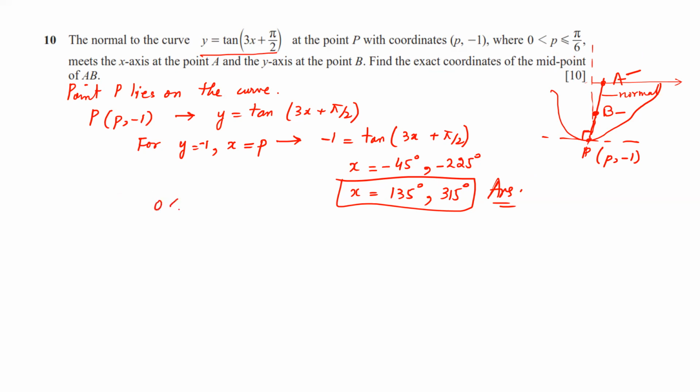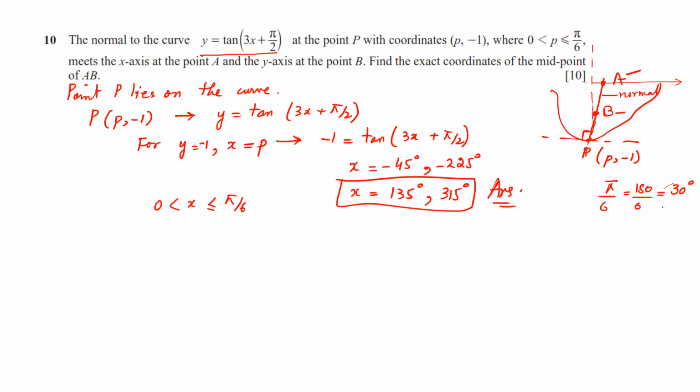So we also have 0 less than or equal to X less than or equal to pi by 6. So pi by 6 is equal to 180 divided by 6, and this is equal to 30 degrees. Okay.